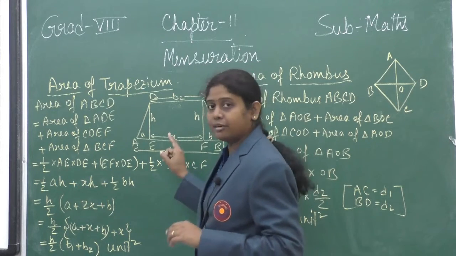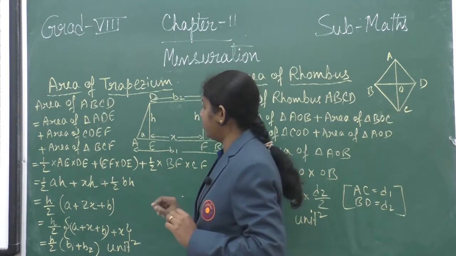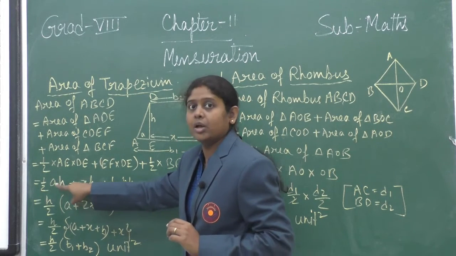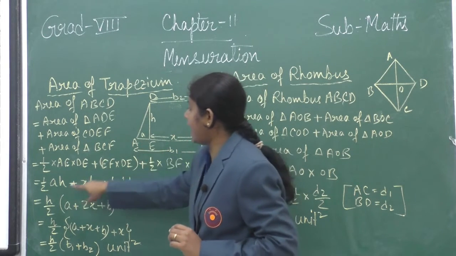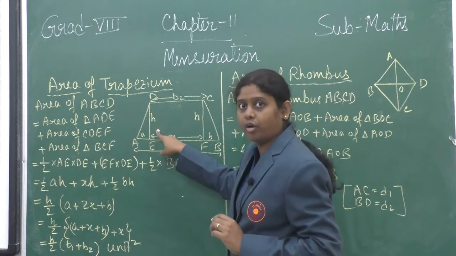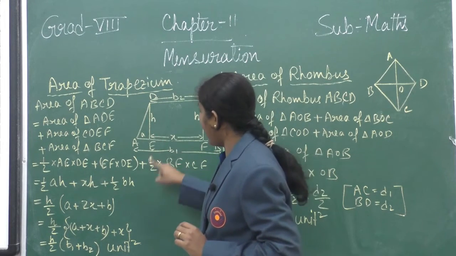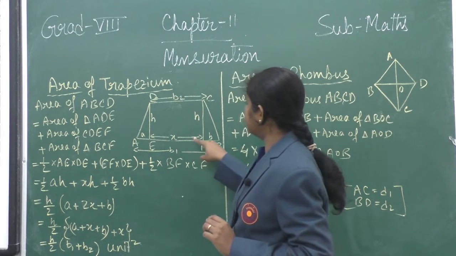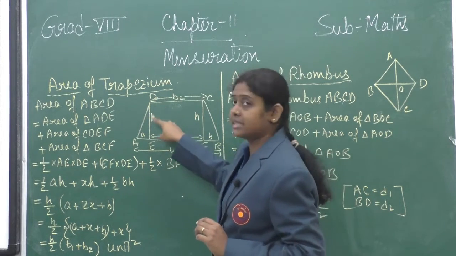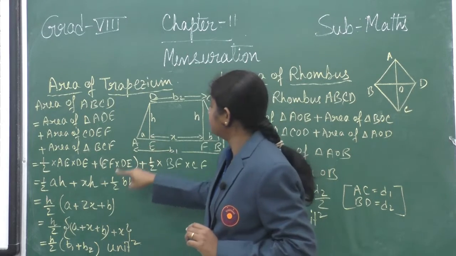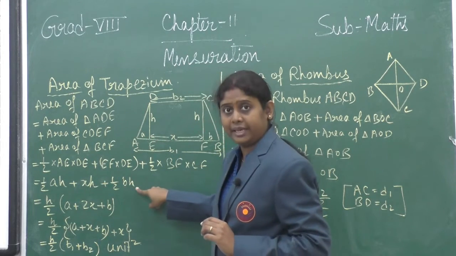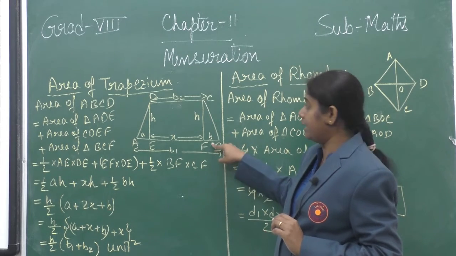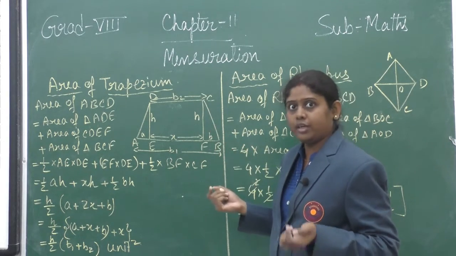So, now take the values of all these side measurements. Half into A into H, where A is the base and H is the height of this triangle, plus X into H, where X is the length and H is the breadth of this rectangle, plus half into B into H, where B is the base of the last triangle and H is the height of the triangle.